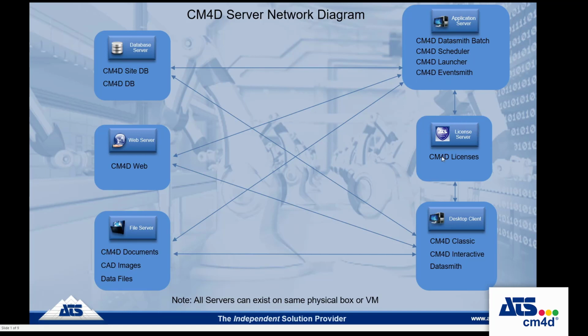Also, there would be a license server where ATS licensing would be installed and a CM40 license would be added for end users to grab the license and be able to use the software, as well as the application server.